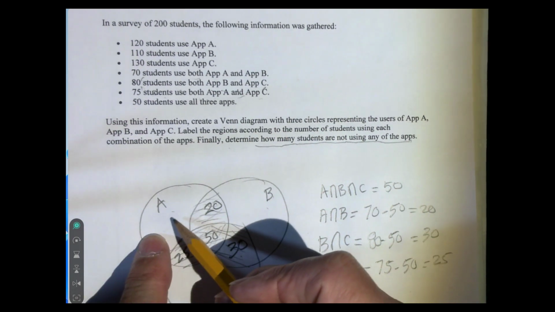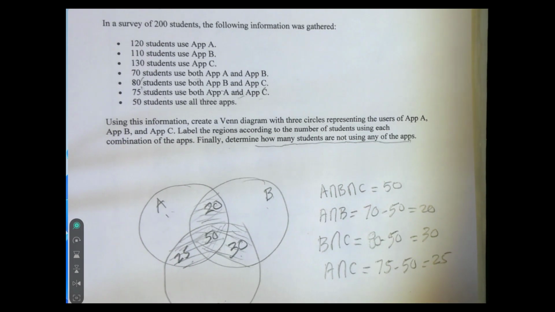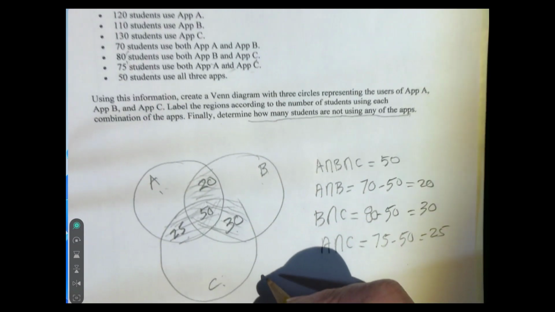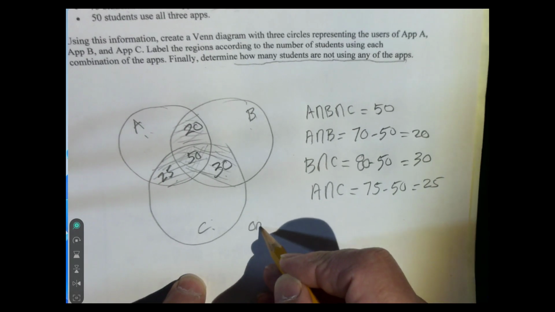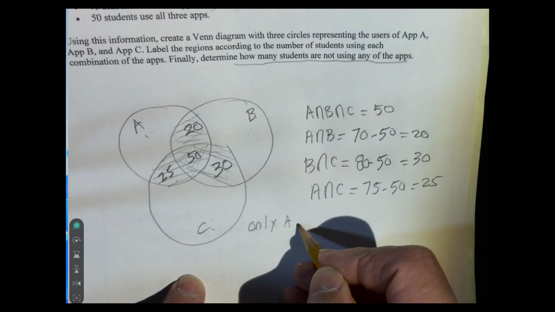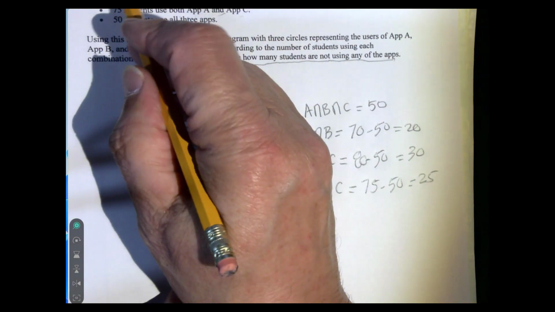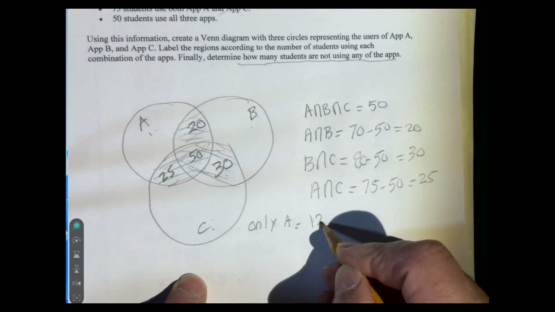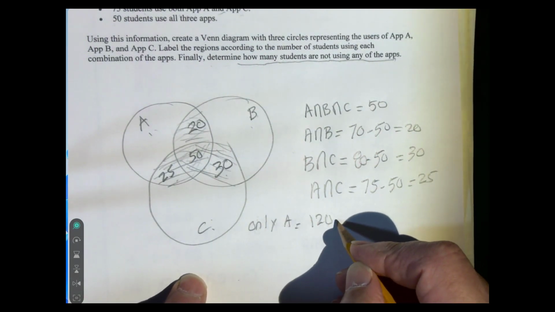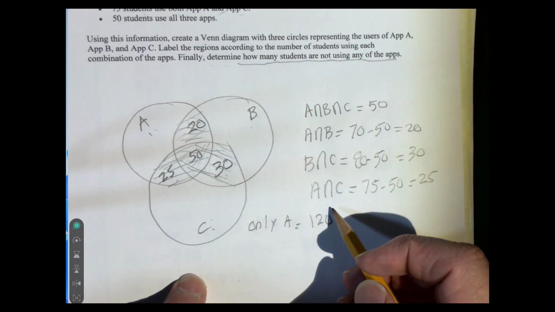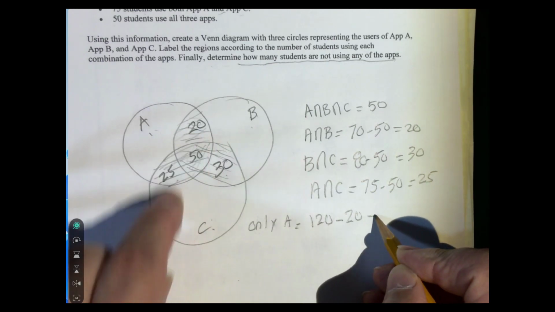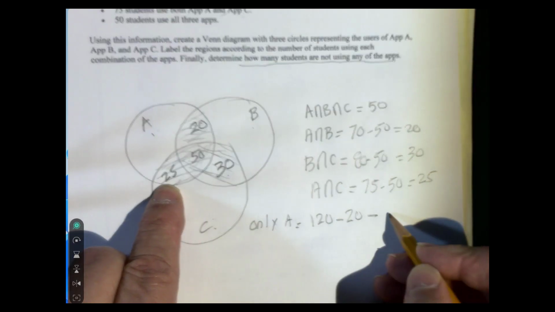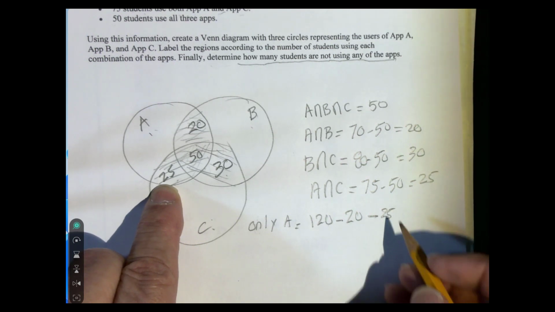Now we need to find only A, only B, and only C. To find only A, that should be the 120, minus the 20 here, and minus the 25 here, and then minus the 50.